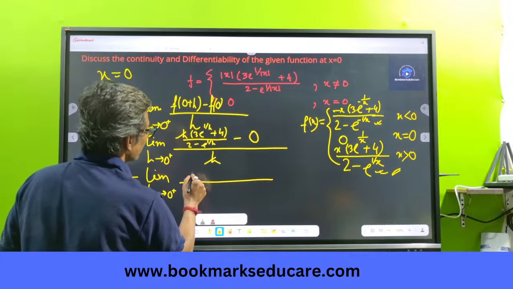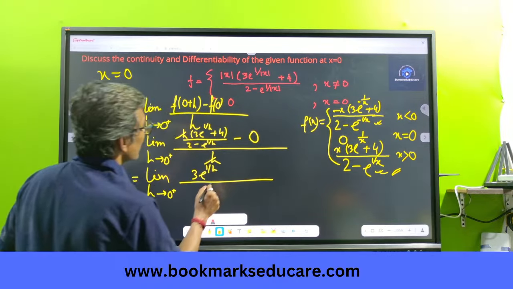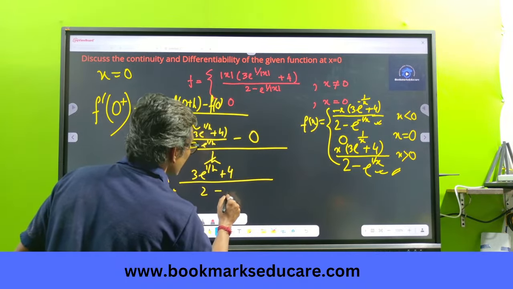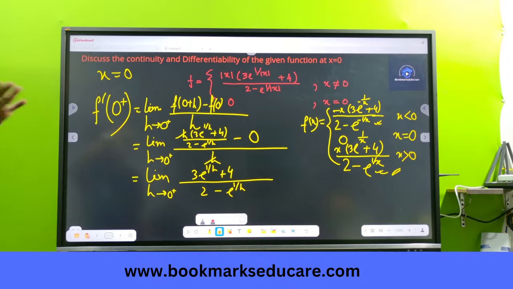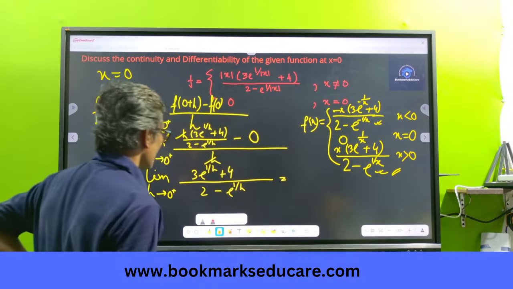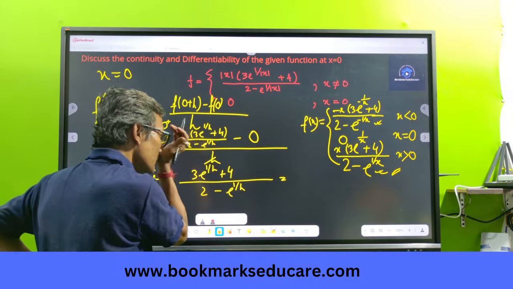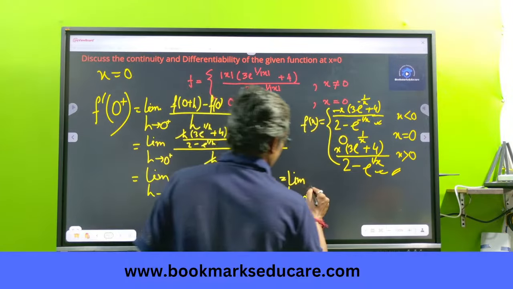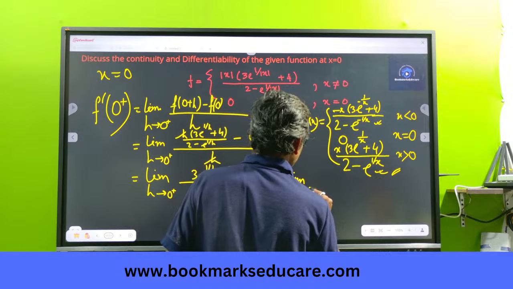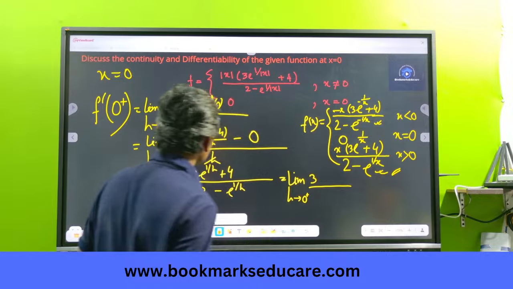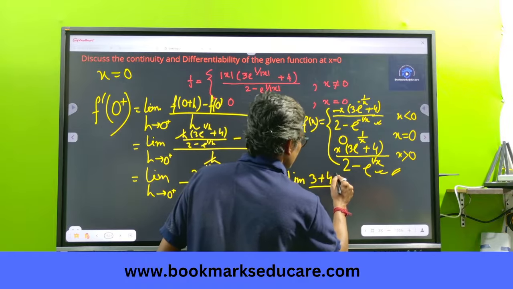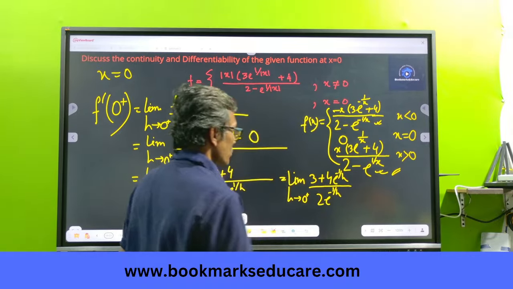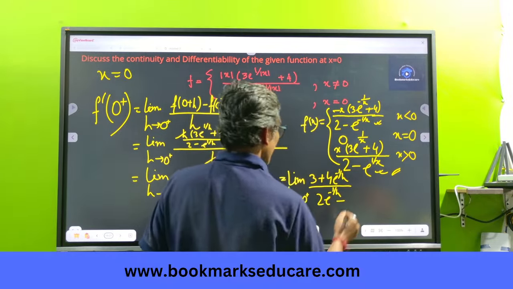h will be eliminated. e to the power minus 1 by h minus 1.